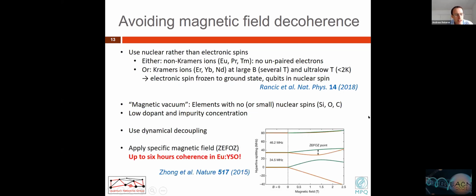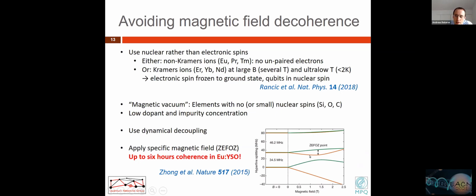And finally, there's another thing that you can do, and this is to apply a specific magnetic field where the level shift because of magnetic fields is just reduced or close to zero. In that figure, you can see the levels of europium in YSO, which at zero field have a twofold degeneracy of these hyperfine states. Then, if you increase the field, they first start to split linearly because of the Zeeman effect.